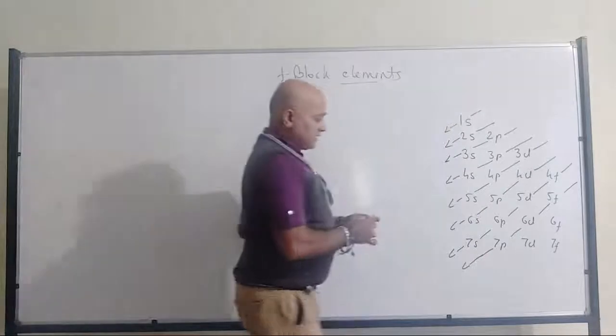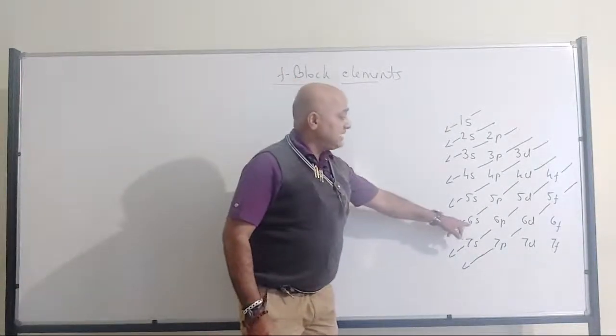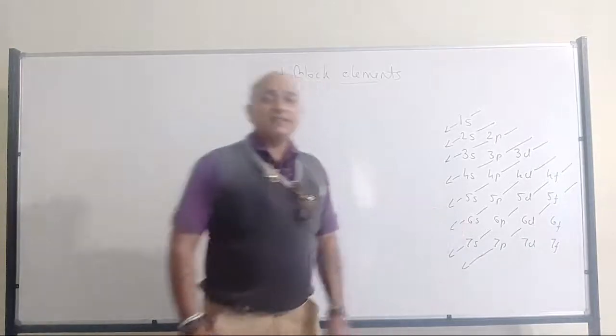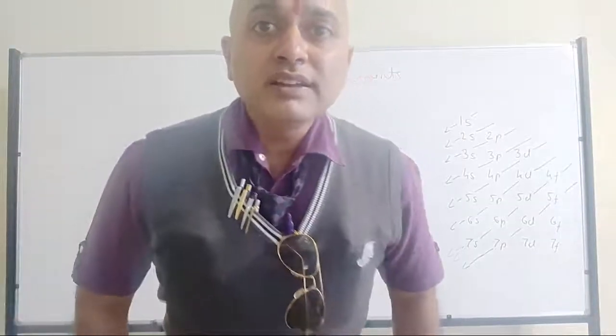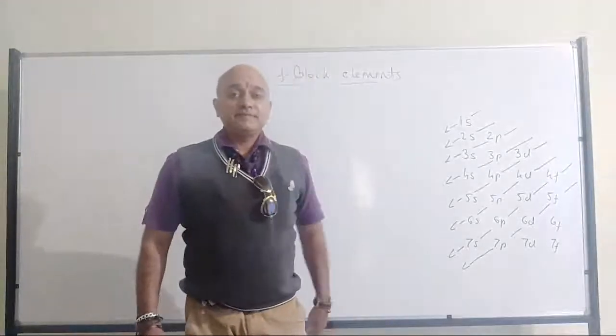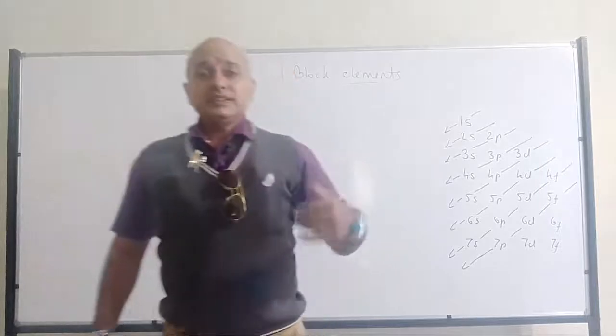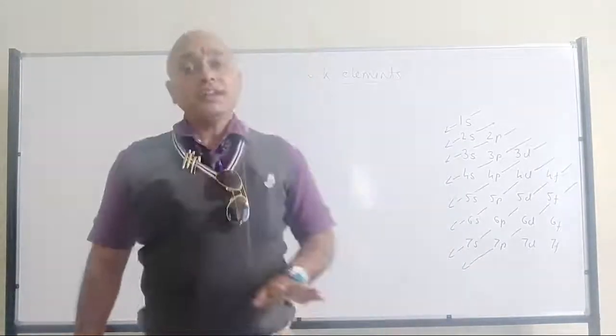So what I mean to tell here is, until I enter into the sixth energy level, Manvit, you are talking about the series, like the 3D series, 4D series we have discussed. The same thing you have written, 4F series, 5F series.